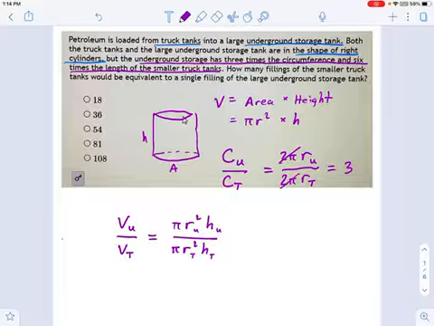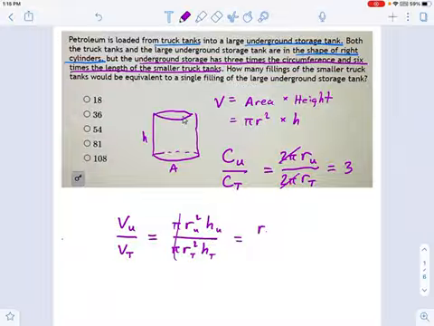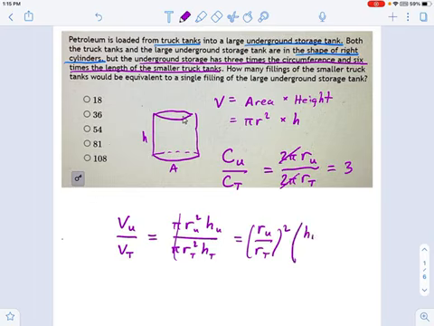Well, the pi's cancel out again. That's nice. And this ru divided by rt, I can rearrange this equation as follows. I can say ru divided by rt, and that thing is squared. And then I can multiply that by hu divided by ht.